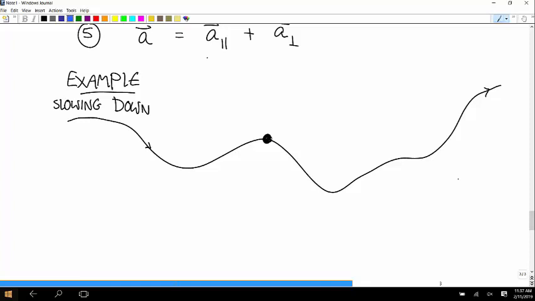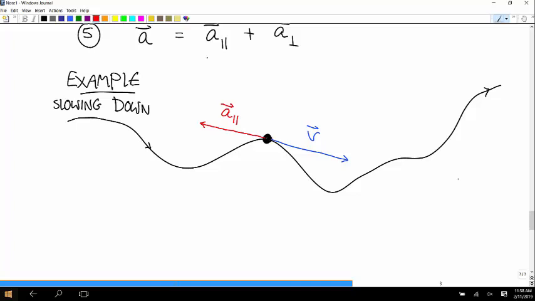The velocity vector is tangent to the path in the direction of motion. It's slowing down, so the parallel part of acceleration is opposite that. To stay on the path, you have to turn this way.